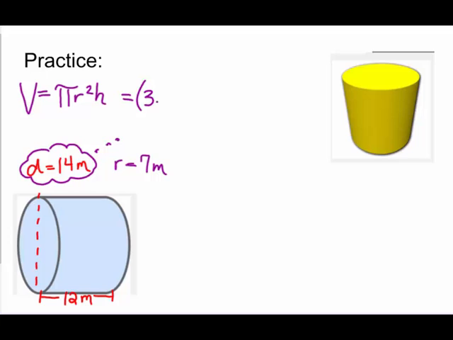So the volume equals 3.14 multiplied by 7 squared multiplied by 12.